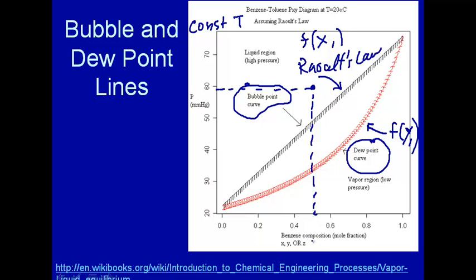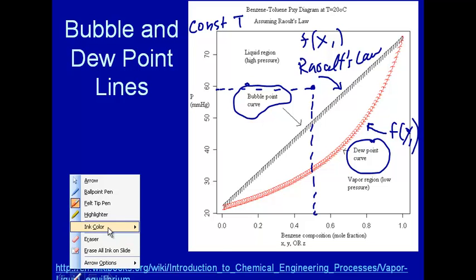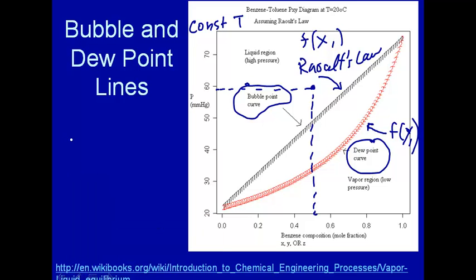So there's a new symbol here that a lot of textbooks use. So Z will correspond to total mole fraction. So combine both the liquid and the vapor phase and get the total mole fraction.